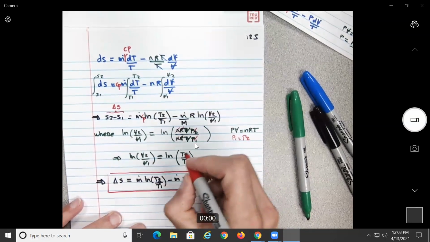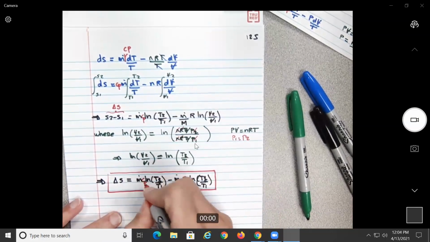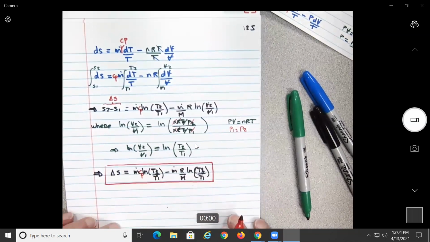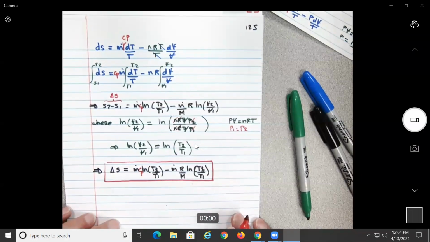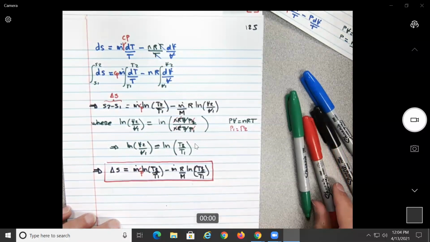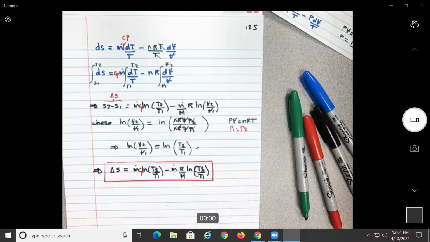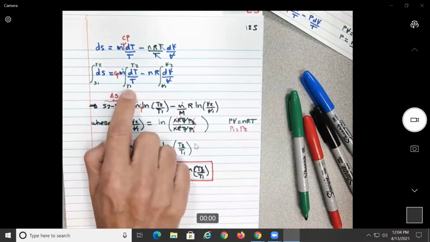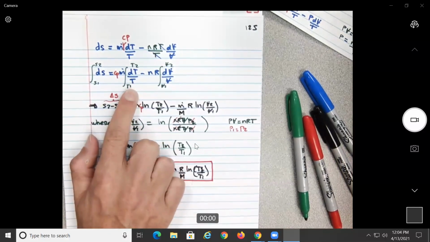So you get m CP here, log of T final over T initial. What is the initial temperature for this problem? Because we have two. But that's the stuff that you don't have to think about. Don't think about T1 or T2, think about initial or final.